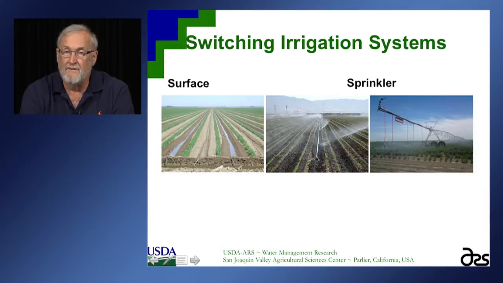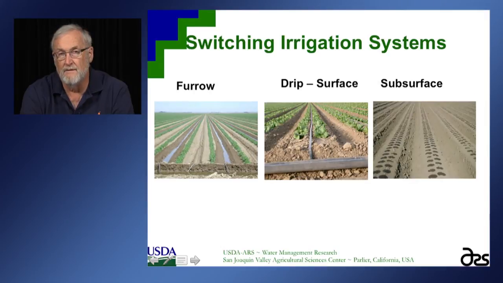So one of the obvious ways to go is a sprinkler system, and you have either a hand-moved sprinkler system there, or in this case then a center pivot or some sort of mechanically moved systems. The advantages then on these systems are simply that you have a good control on the depth of applied water. You can get better distribution uniformities, and we'll talk a little more later about some of the disadvantages as well.